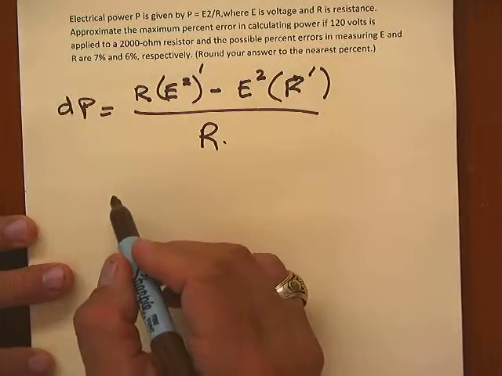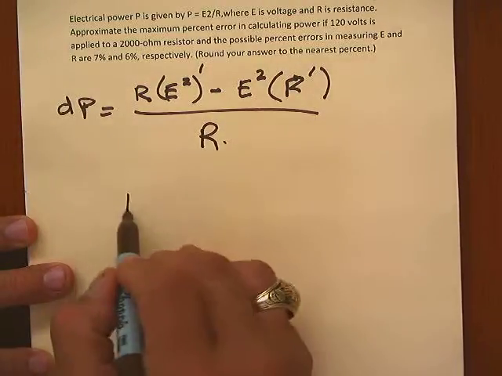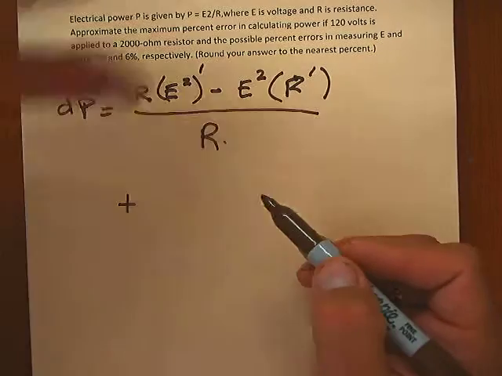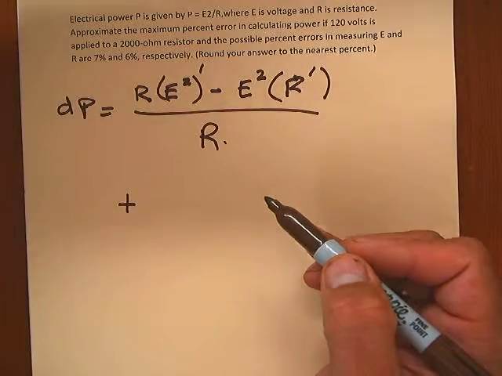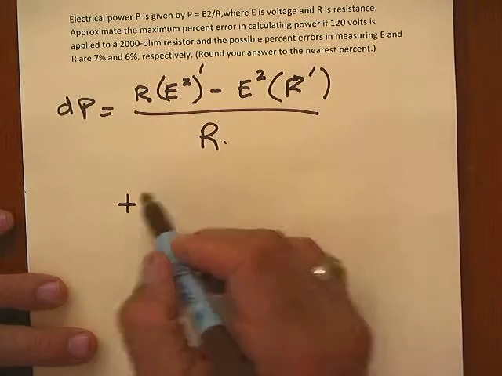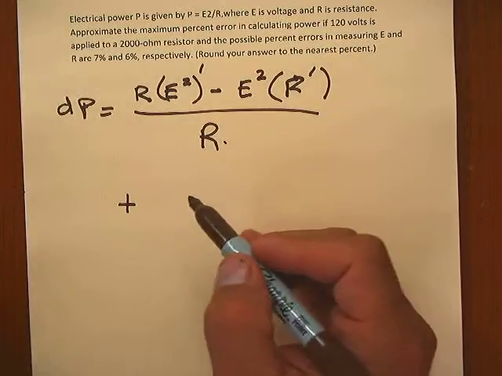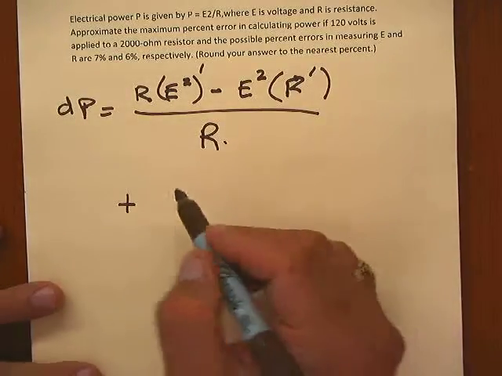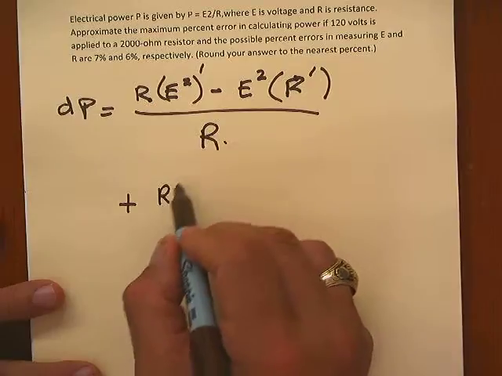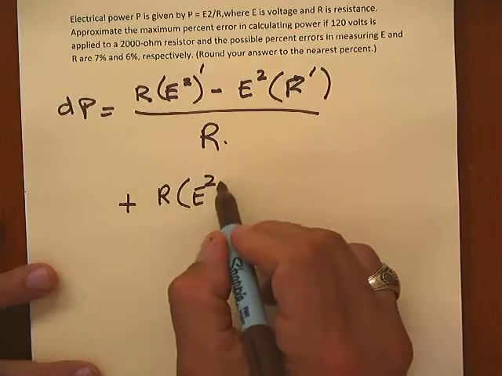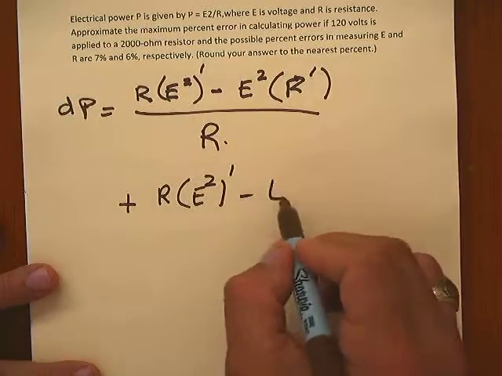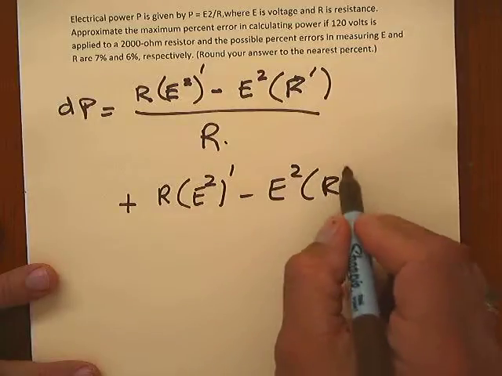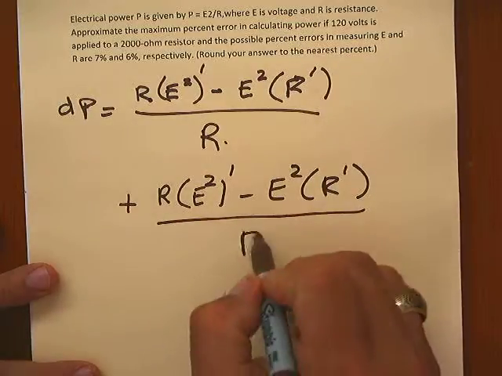And in the plus we're going to do the second one, which is the derivative of P with respect to R, dR. It would be the same thing, only that you're going to treat E as the constant, so that would be E squared prime minus E squared R prime over R.